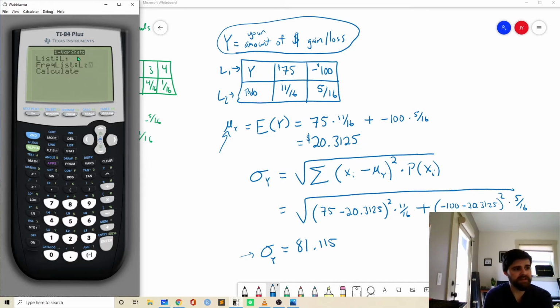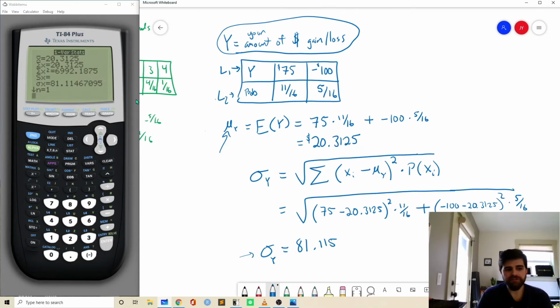So I'm going to say list 2, where I put those probabilities, is going to be my frequency list. Click on calculate. And look what we get. We get x bar, aka the mean, is 20.3125, and the standard deviation is 81.111115, which is what we get if we do all this garbage.